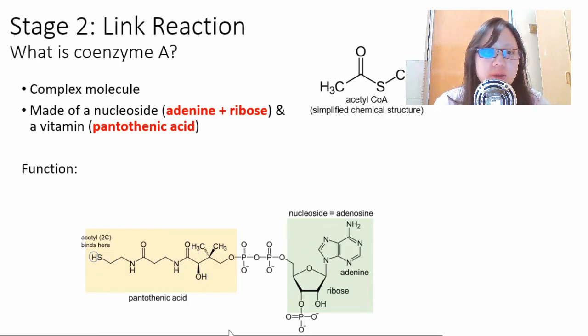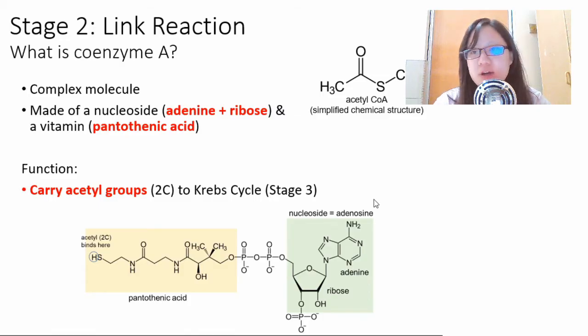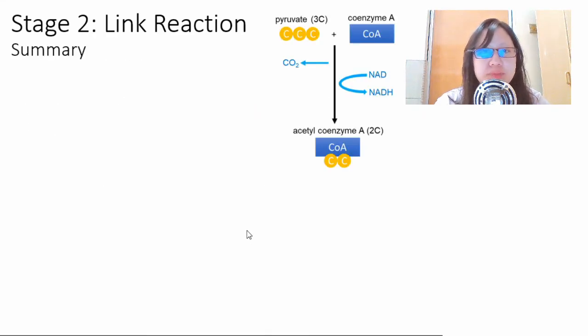So here is coenzyme A. The acetyl 2 carbons will bind right here to form something that looks like this. You can see the sulfur. What's its function? Its function is simple. It just carries the 2 carbons that we just formed to the Krebs cycle, which is stage 3.